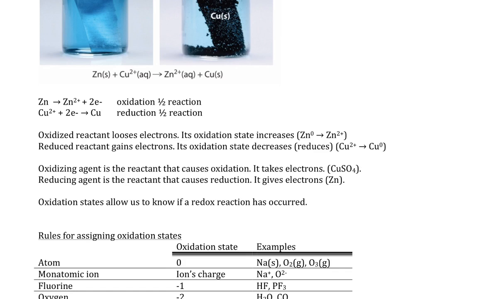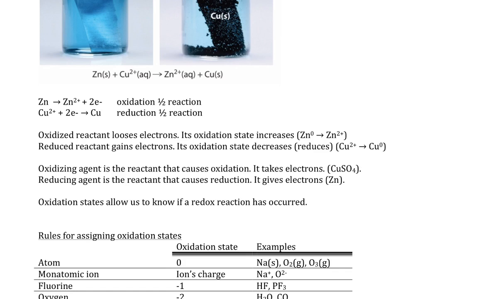The oxidized reactant loses electrons. That's the zinc. Its oxidation state increases. Oxidation state, or we could call it oxidation number, is for that half reaction. We have 2 oxidation states.